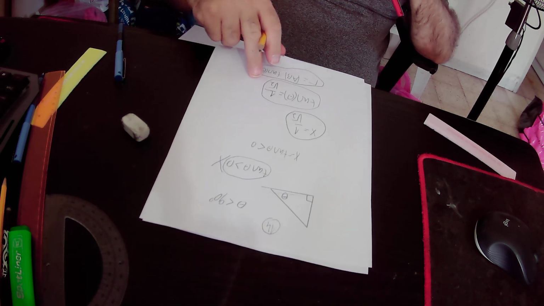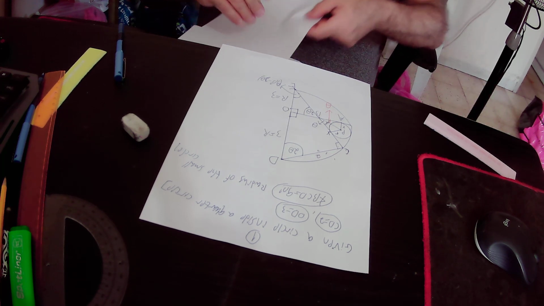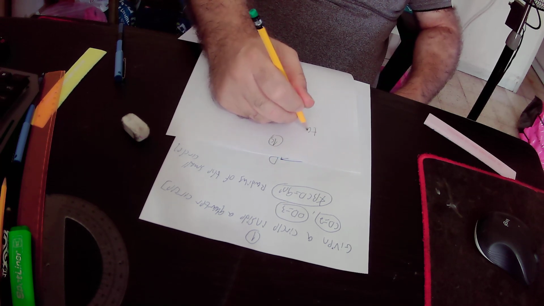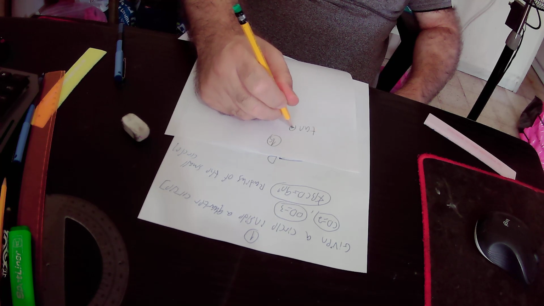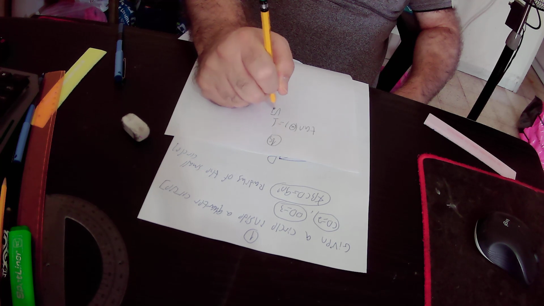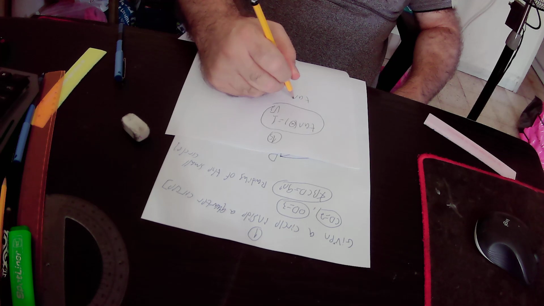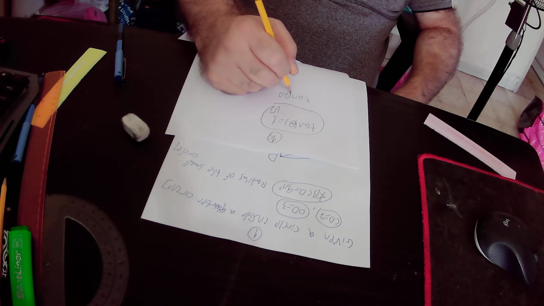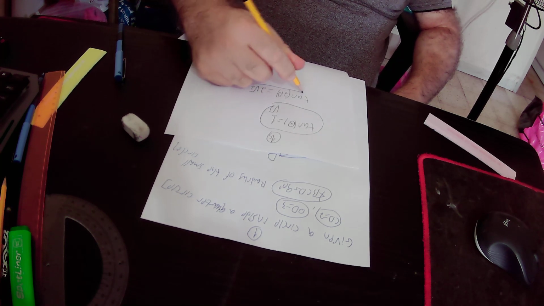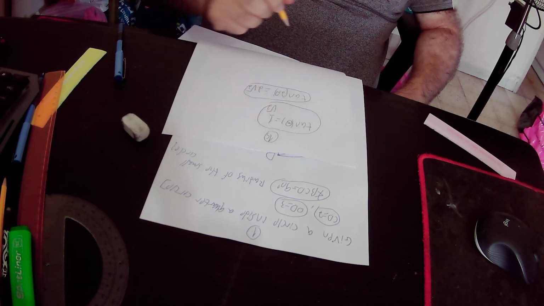Okay, again, we found out that tangent theta equals 1 over root 2, and we also found out that tangent 2 theta equals 2 times root 2.